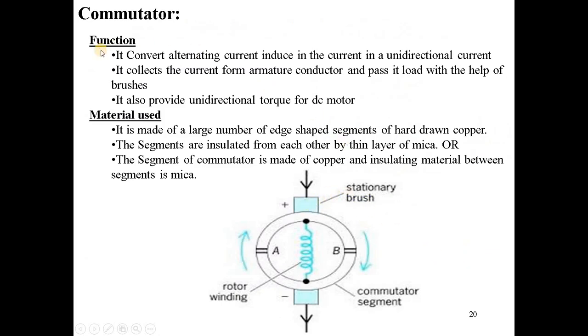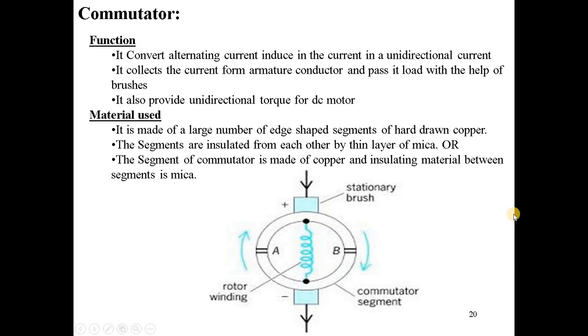Commutator. This is a very important device in a DC motor or DC generator. The basic function of the commutator is that it converts alternating current into unidirectional current. We have seen that whatever EMF is induced in the machine, the nature of that induced EMF is alternating.